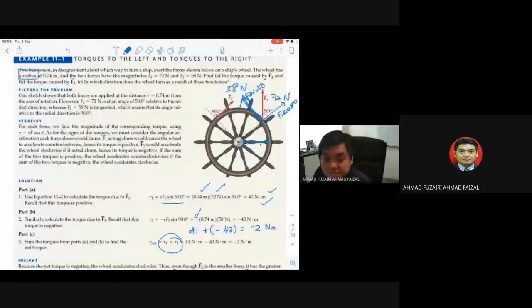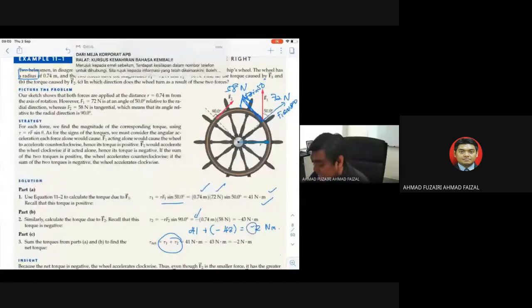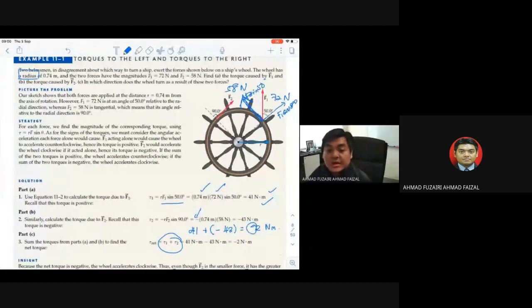So where is the final direction? It must follow the negative. Which one is negative? Torque number 2. So the final direction is clockwise.